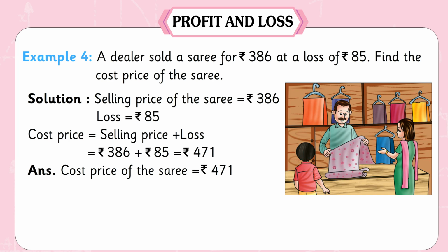Cost price is equal to selling price plus loss, which is rupees 386 plus rupees 85, equal to rupees 471. Answer. Cost price of the sari is equal to rupees 471.